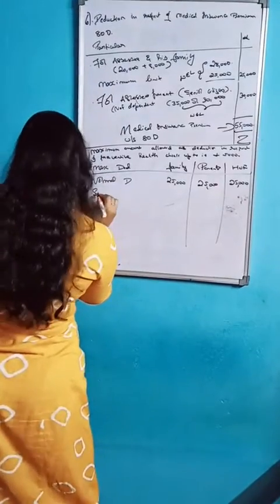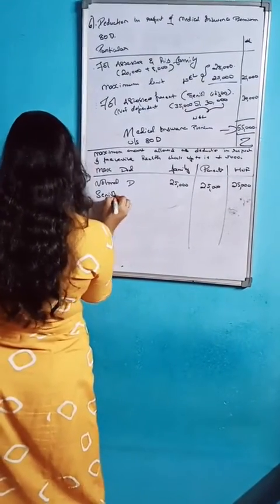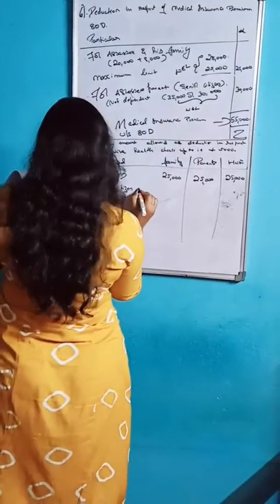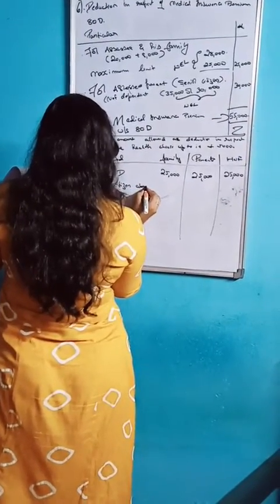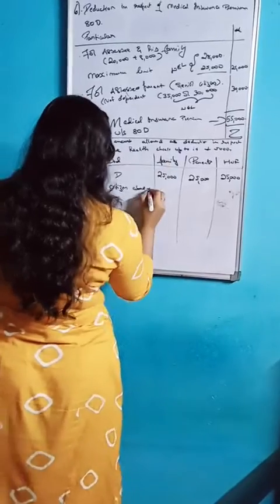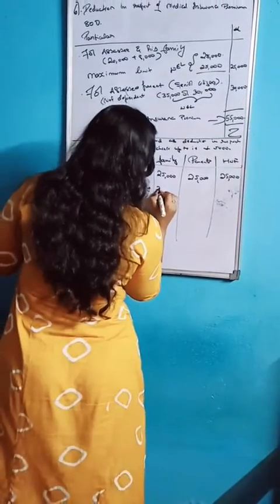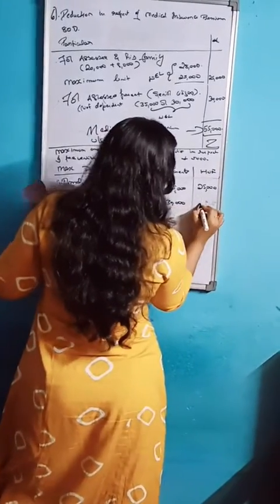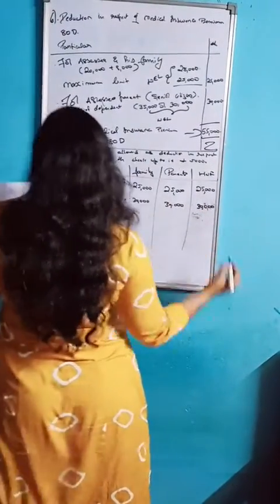And your senior citizen above age, that is 30,000.